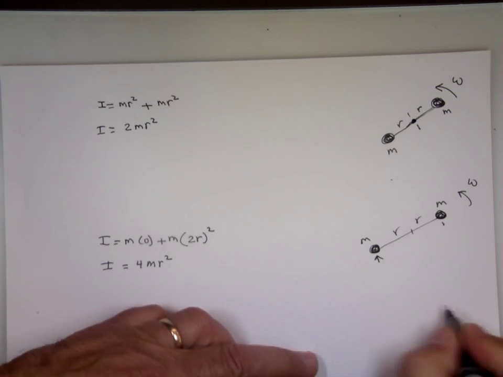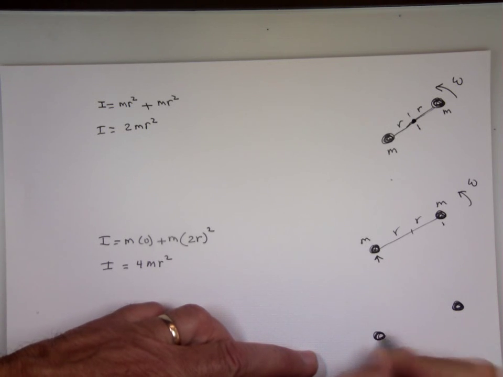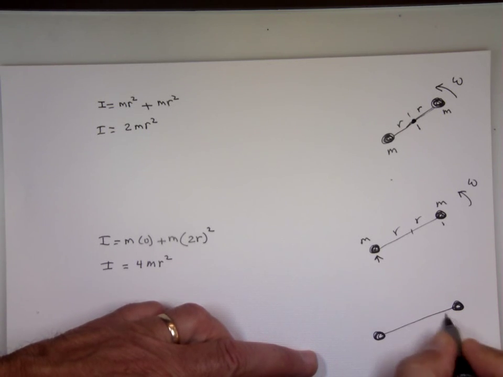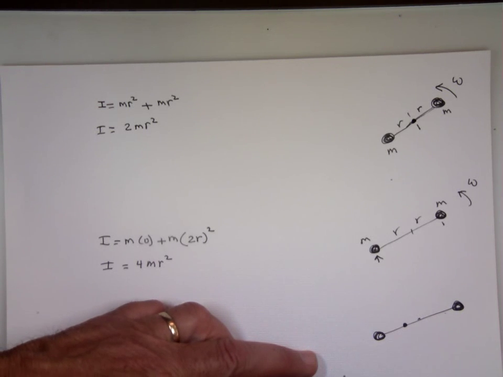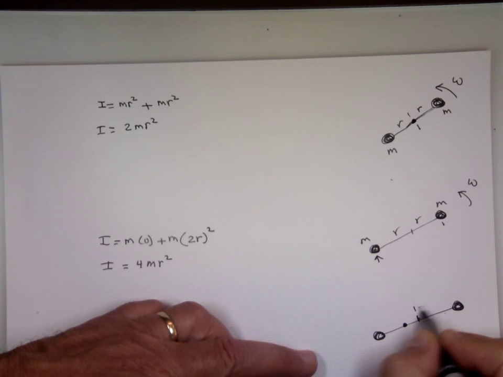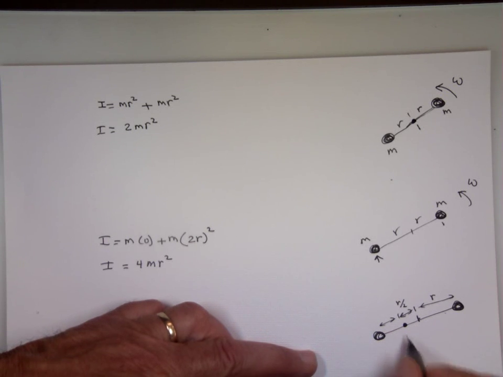If I opt to do one more time, but this time, instead of spinning it right in the middle, I'm going to spin it 2/3 of the way, or 3/4 of the way. So this is r here, and this distance is r over 2. So that's my pivot point.